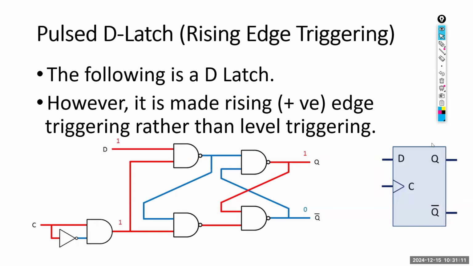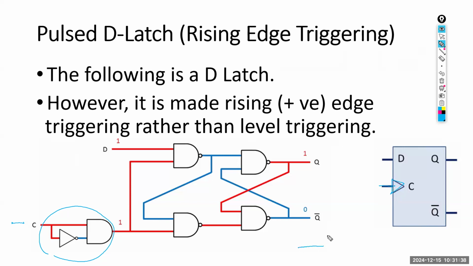Now let's say we have a D latch. The D latch is the same, nothing changed. But this time we give this kind of clock signal to this, so that it will generate pulses time to time. Therefore this is edge triggered, and for edge triggered we have to use this symbol.